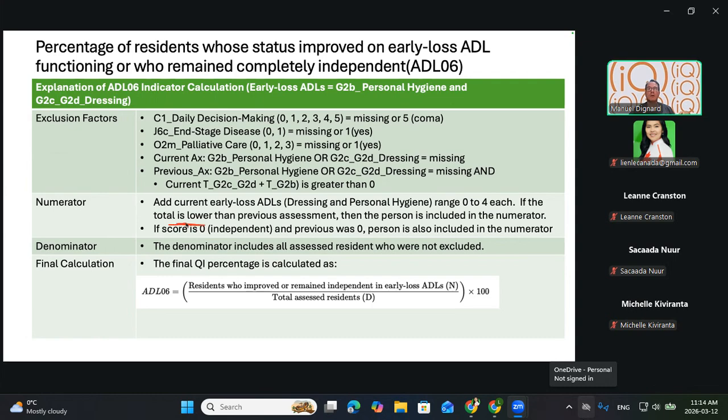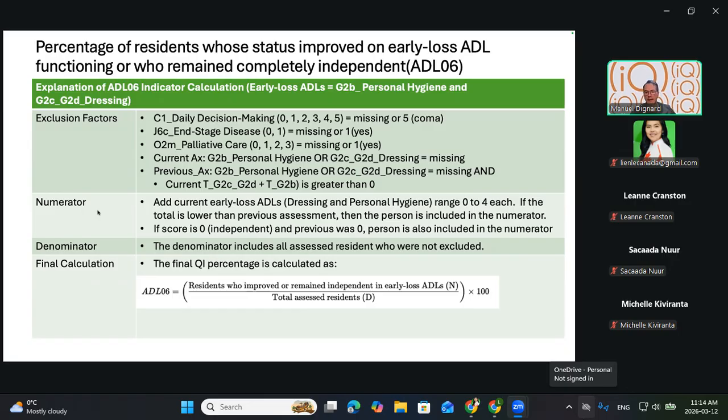If your total is lower than the previous, then the person has improved and they're included in the numerator. If they were independent, if they are and they were, they're in the numerator. So both ways that you can be part, or you will trigger this quality indicator, right?